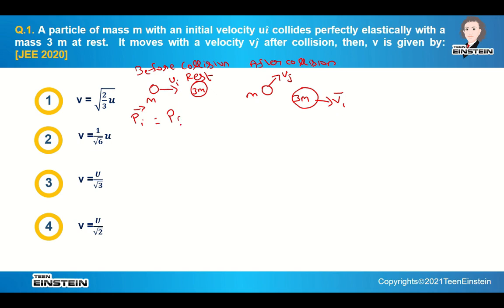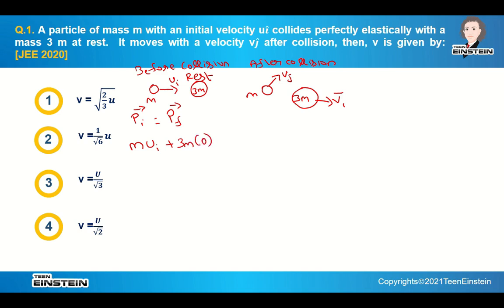Okay, so now from momentum conservation you know that the initial momentum will be equivalent to the final momentum, so pi is equal to pf. So the initial momentum is p is equal to mv. So here the velocity is ui, so you will be putting it as ui plus, since the mass is at rest, the velocity will be 0, so you will be having it as 3m into 0.